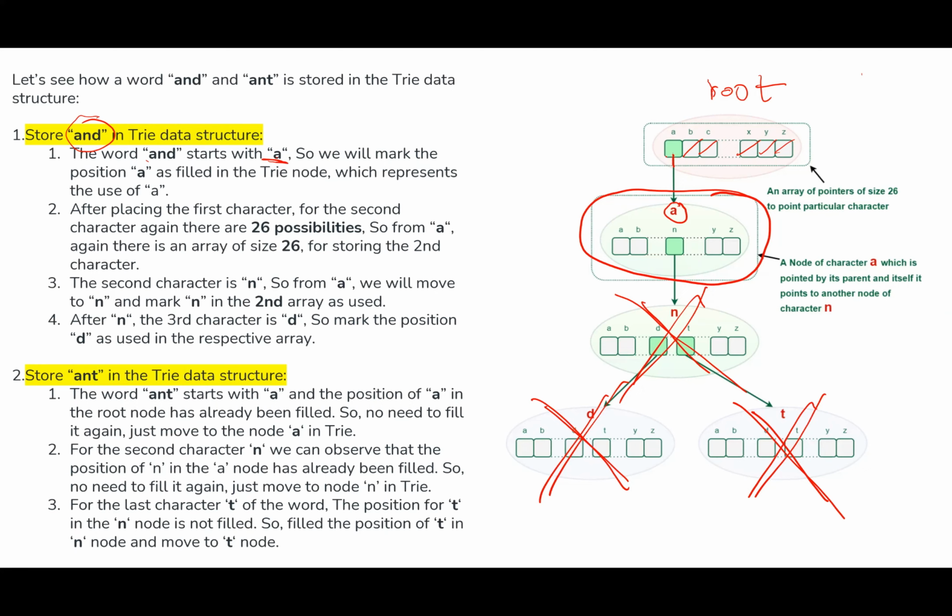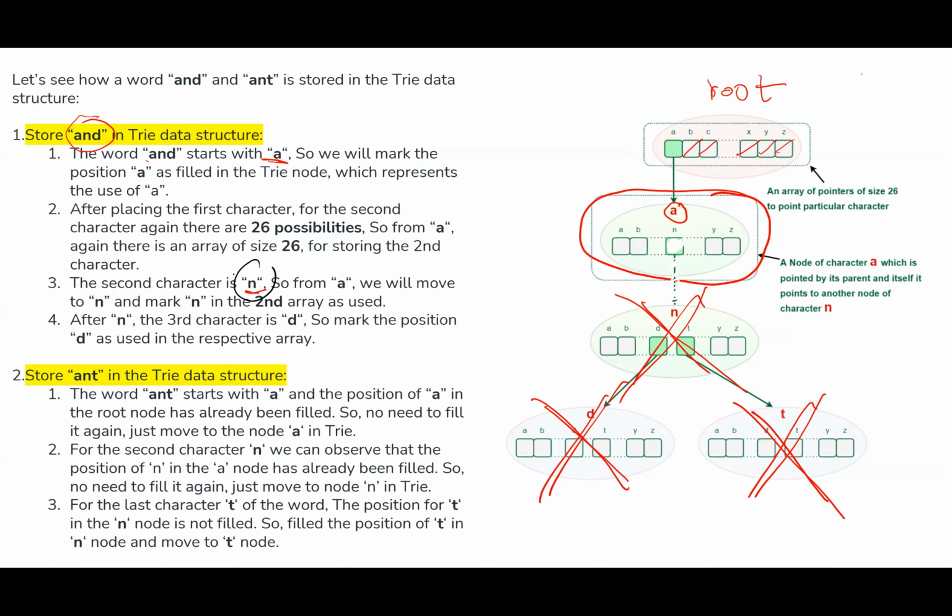We attached it, and so far we have this. Next, we go to the second character, N. When we created the character node A, it has list of 26 children, and all of them are null.